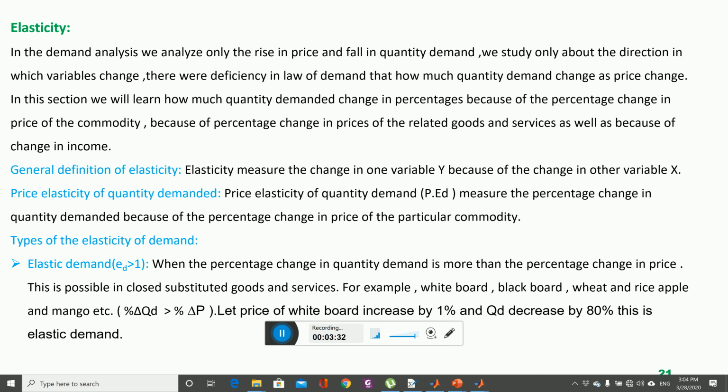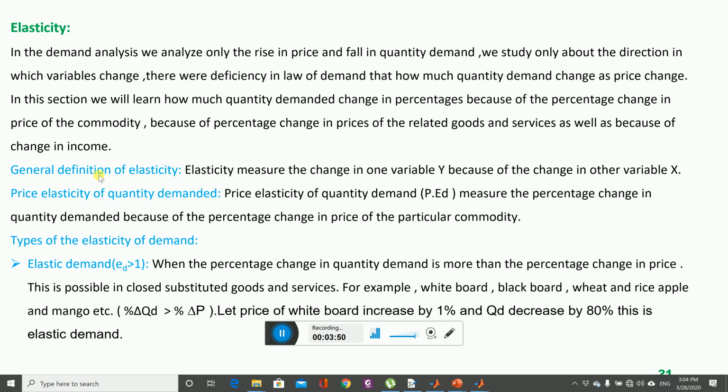In this section we will learn all about this: elasticity calculates and measures how much quantity demanded will increase or decrease when the price decreases or increases by some percentages.